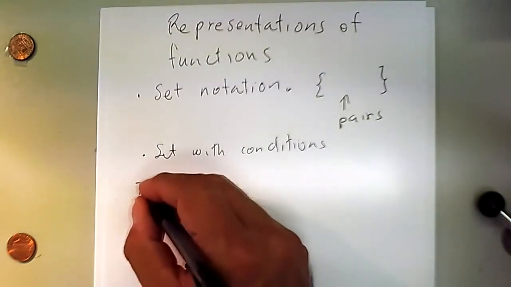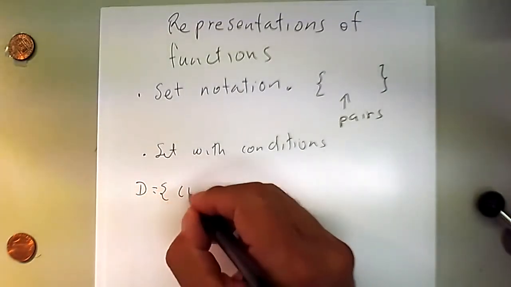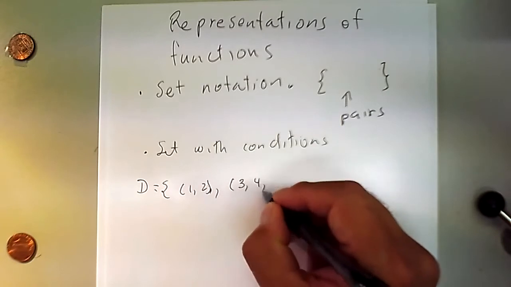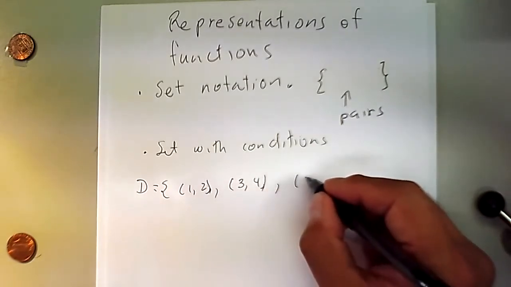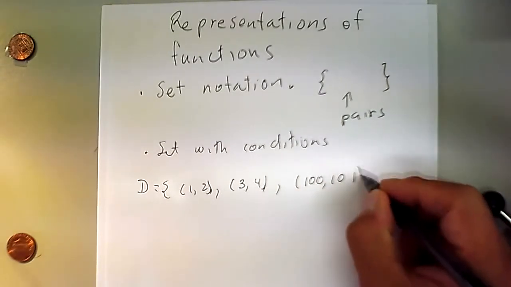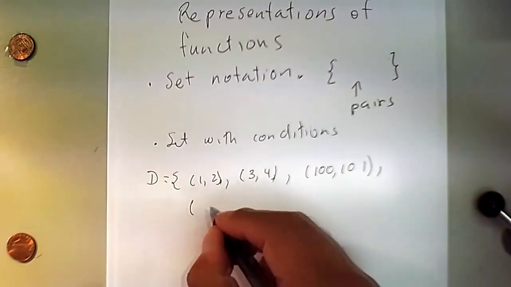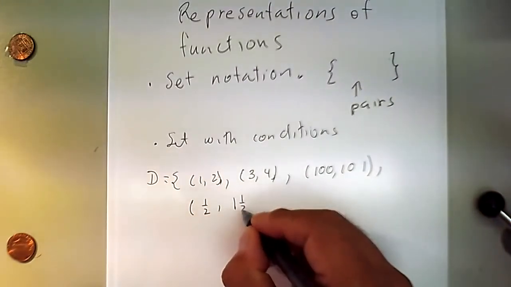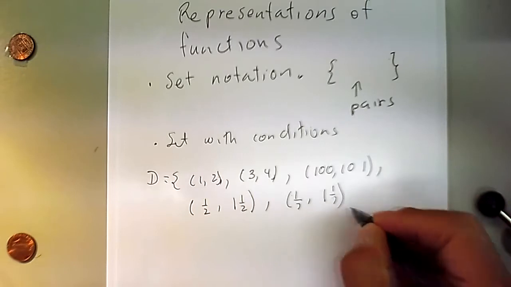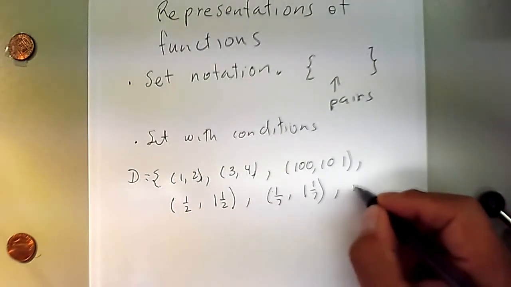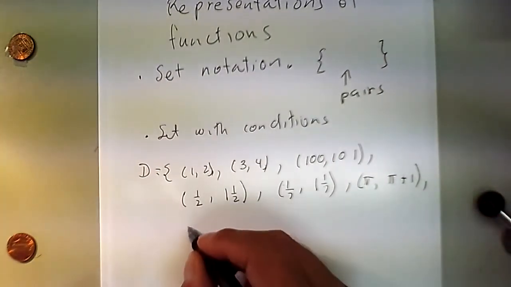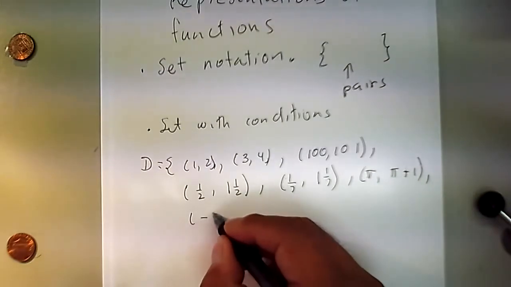Let's say we have the set D that contains 1, 2, and then 3, 4, and let me skip a few, and 100, 101, and maybe a half and 1.5, or 1/7 and 1 1/7, or pi and pi plus 1, or even negative numbers such as -10.